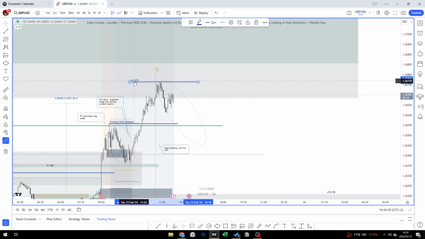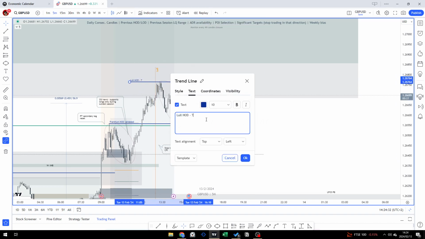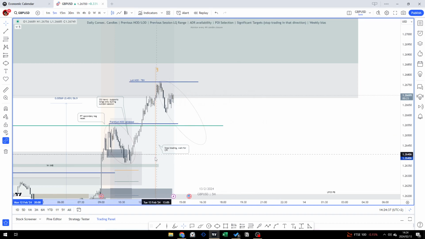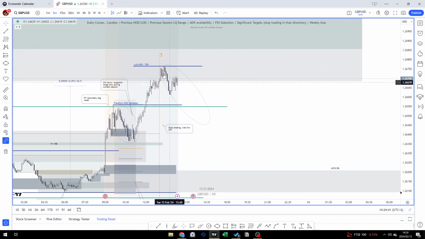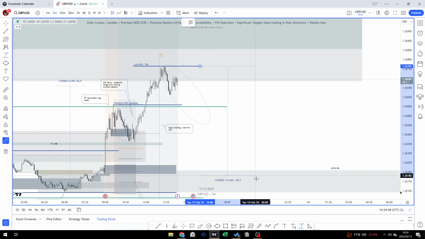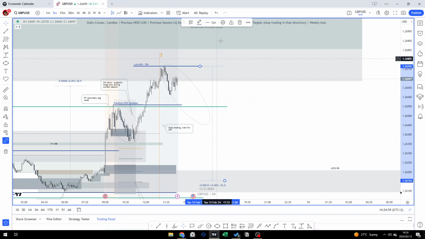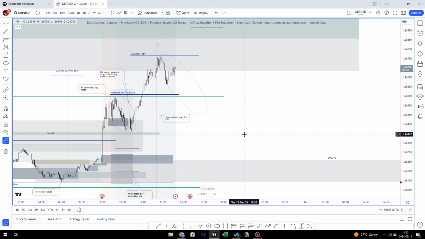Provided this high of the day holds, it can potentially be validated by CPI, and then the next thing to monitor is whether we have appropriate daily range remaining after the initial CPI news release, because what tends to happen is that we actually get these huge moves which use up the majority of the daily range, and from that point we are pretty much unable to trade for short continuations.